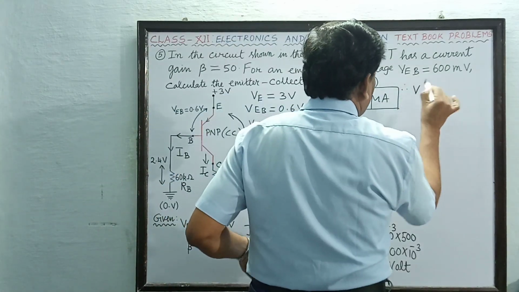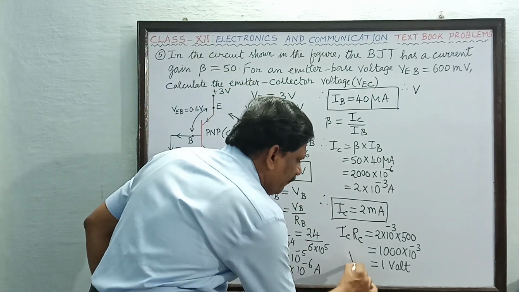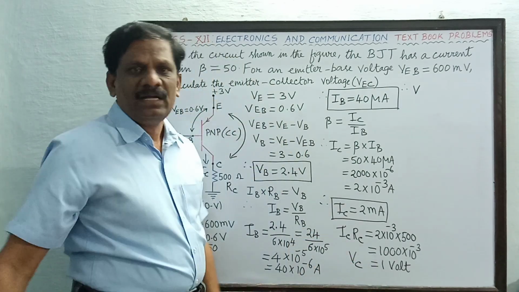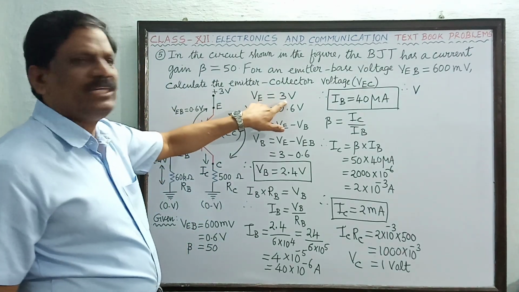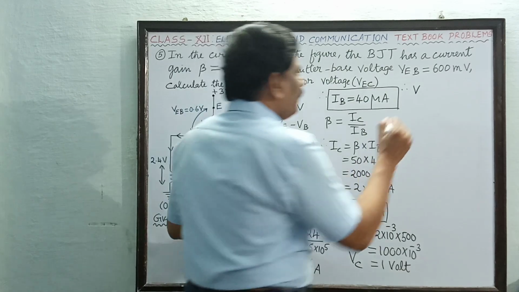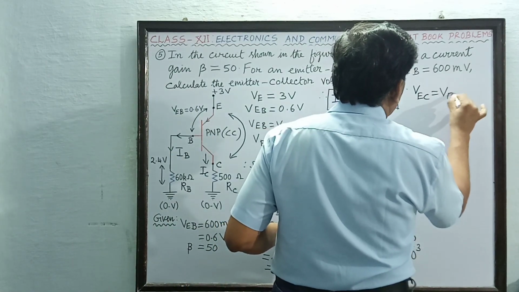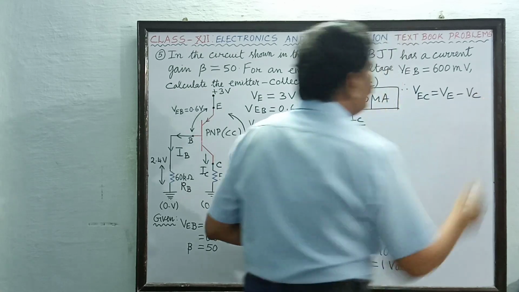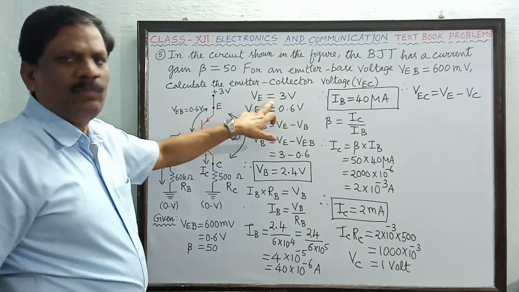Therefore, now you see here, IC into RC can also be called VC, collector voltage. Emitter potential is 3 volt. So emitter to collector voltage VEC must be equal to VE minus VC. Here VE is equal to 3 volt.